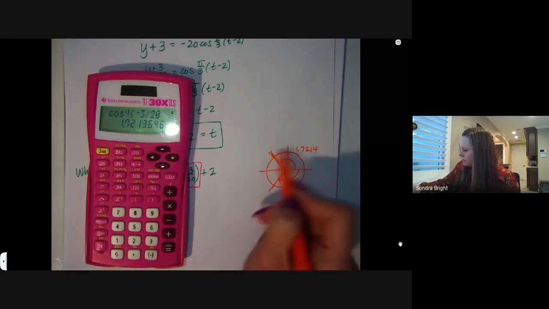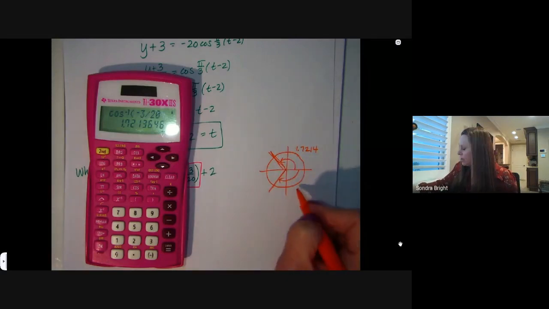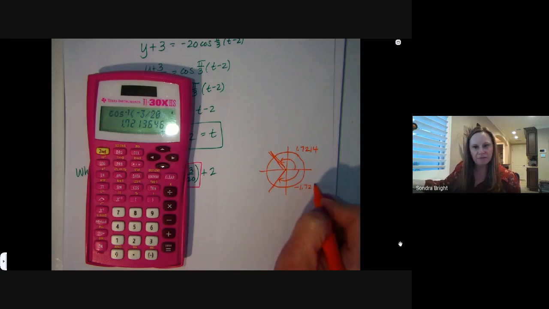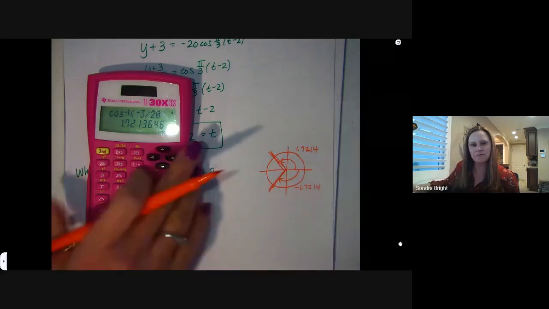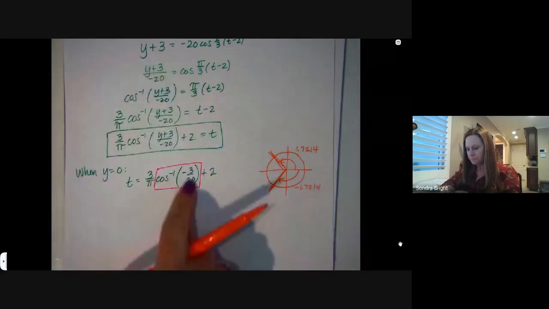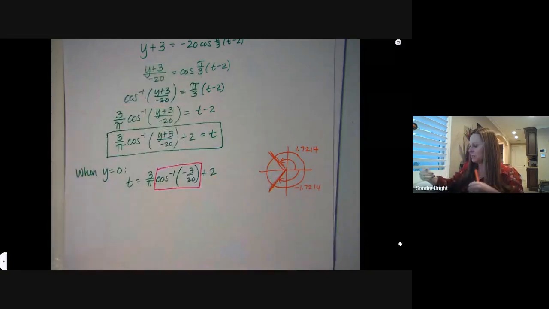And then I'm just going to use -1.7214 to get the quadrant 3 angle that has a cosine of -3/20. Remember, we've got to plug in these values into here and then into there also.